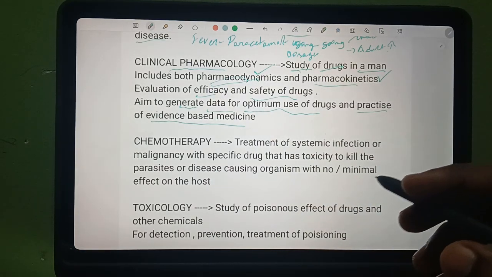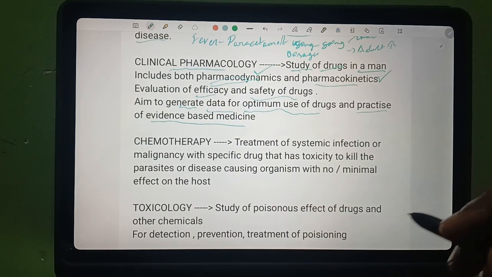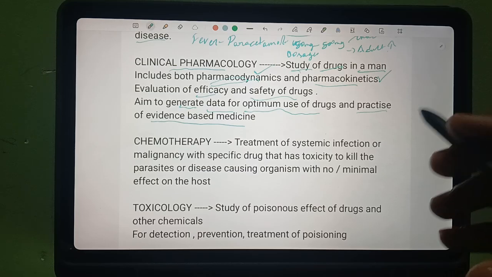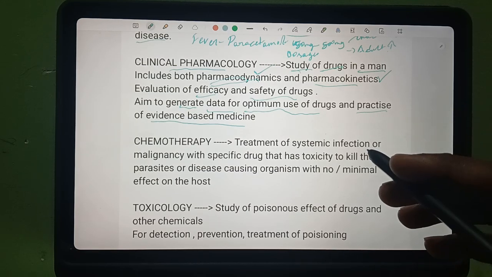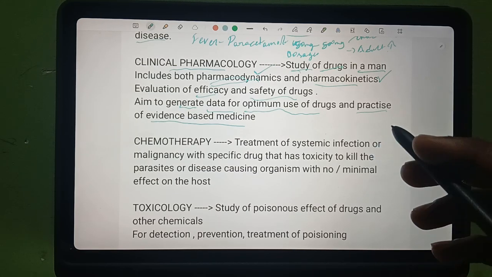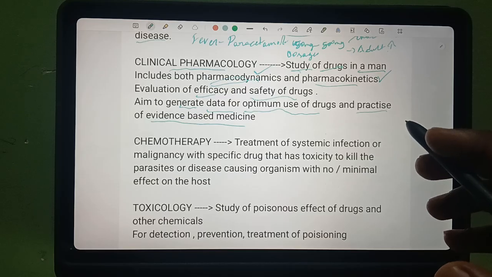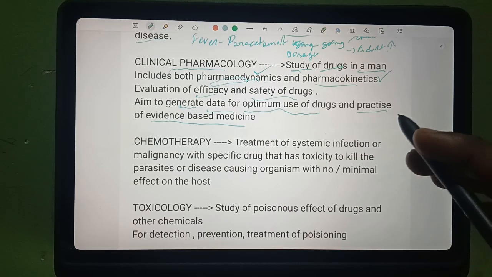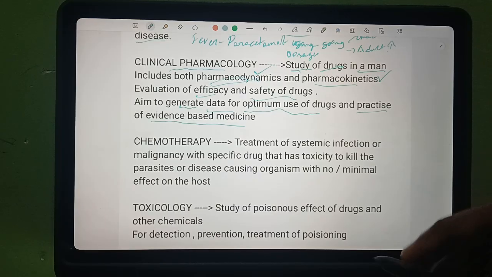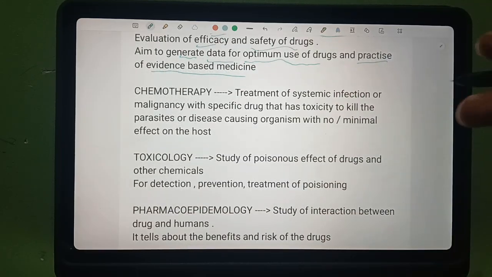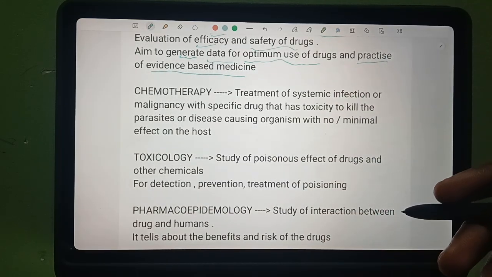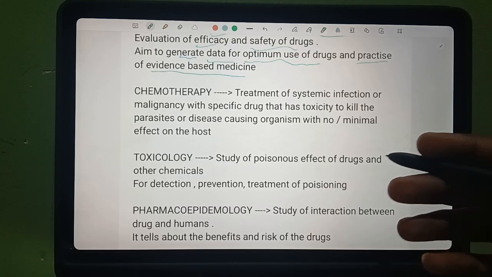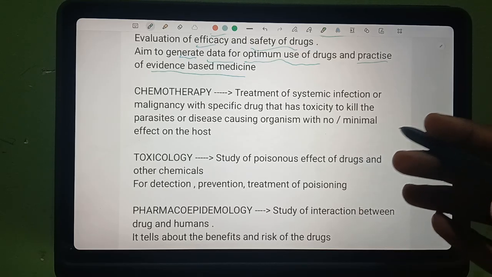The drug should be in optimum usage, legally approved, and very useful with fewer side effects. Next, chemotherapy. We will hear about chemotherapy in cancer treatments at that time.